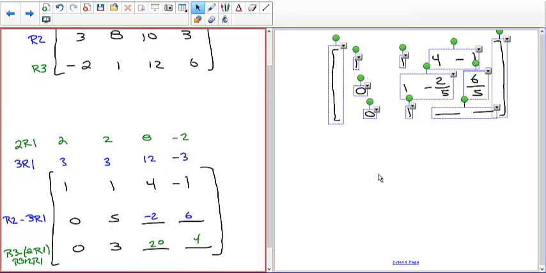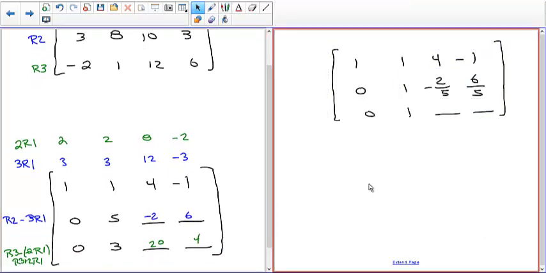Now, if you come over here, what you see is the first row is the same. The second row looks like, to get 1 here, I just divide everything by 5. So you can see how I've divided everything by 5. And the same thing applies down here.